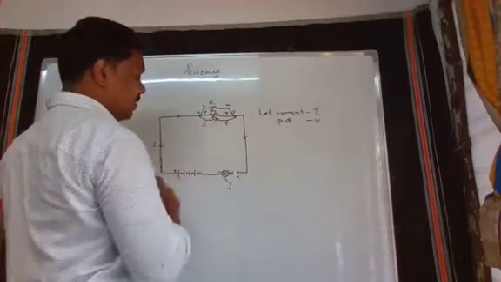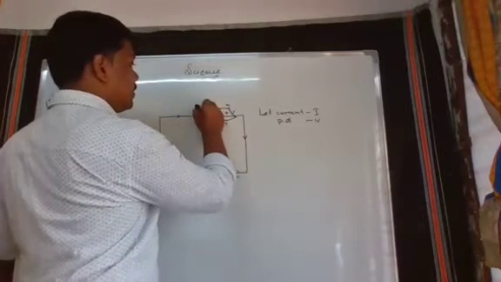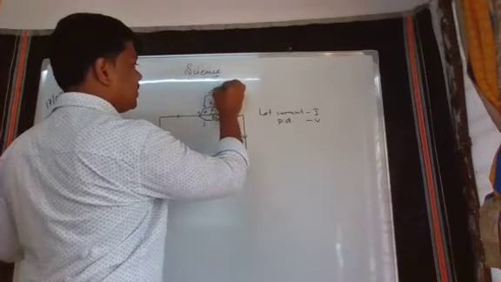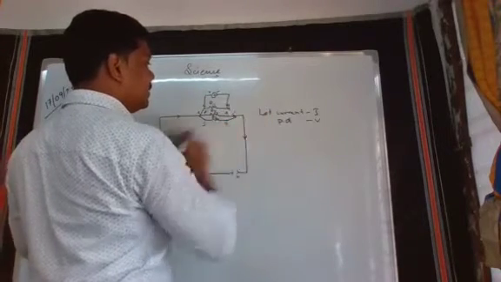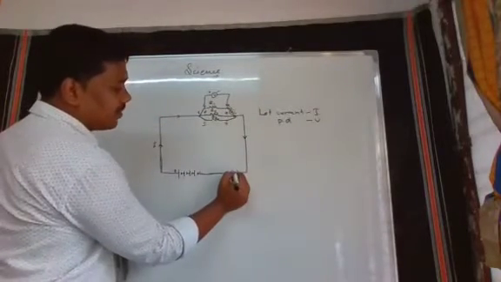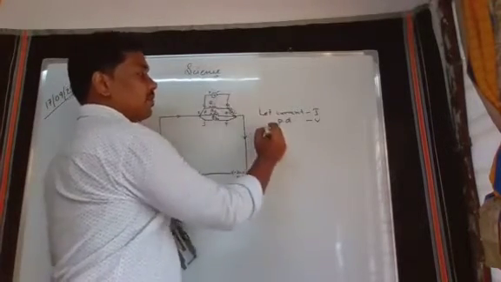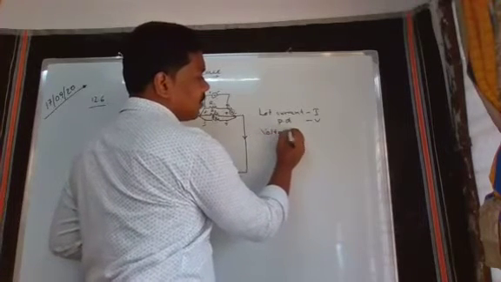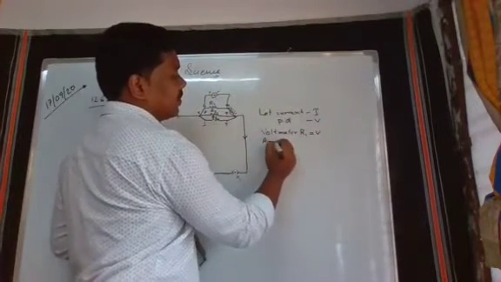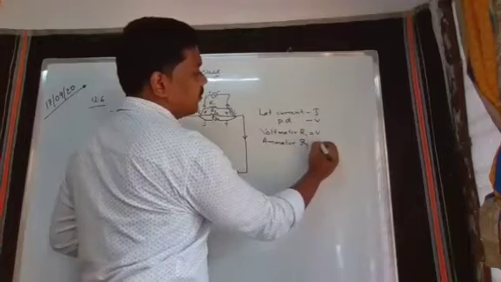So the circuit here we are closing, and here I am connecting the voltmeter, positive side and negative side, and here I am connecting the ammeter, positive side and negative side, and I am turning on the plug key, and I am noting the voltmeter reading across R1, that is also V, and the ammeter reading across R1 is I1.